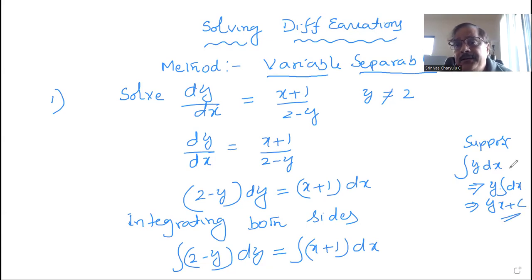Equally, if you are having x dy, it is x into y. Even though y is there, we should not write y square by 2, because integration is only with respect to dx, the x variable. So that time the y variable, if it is present, should be brought out. So let us solve this sum now.